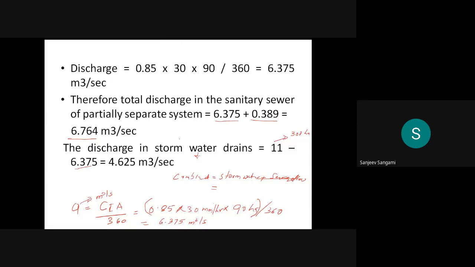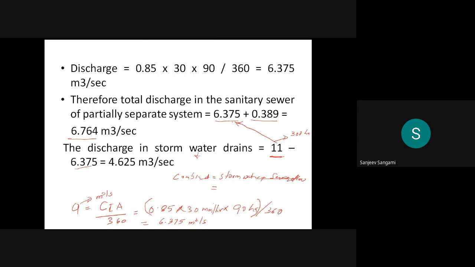And why are we getting the major portion? If you analyze this problem, in total we are getting 11 meter cube per second from the whole area, but almost 60%, meaning 6.375, is contributing from these, because there the infiltration is very less.